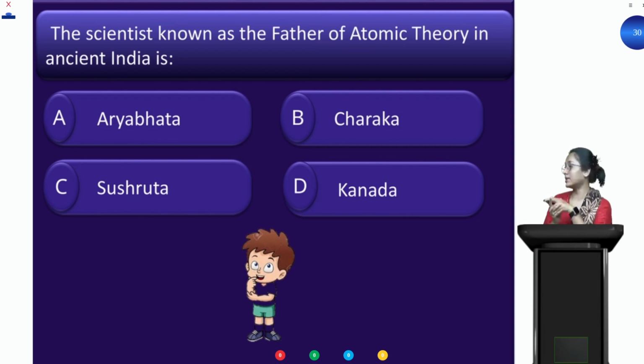Which one will be the right answer? Tell me. Wow, very good. So many of you have given the right answer. Try to answer, everyone, okay? We have just read about it. Which scientist has the atomic theory in ancient India?